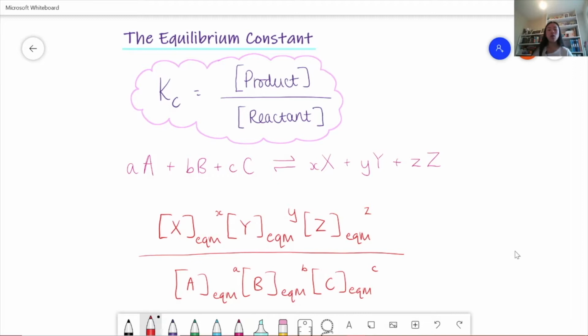So all reactions can be written in this form, where the small letters are the number of moles, and the bigger letters are the reactants, or the products in this case.